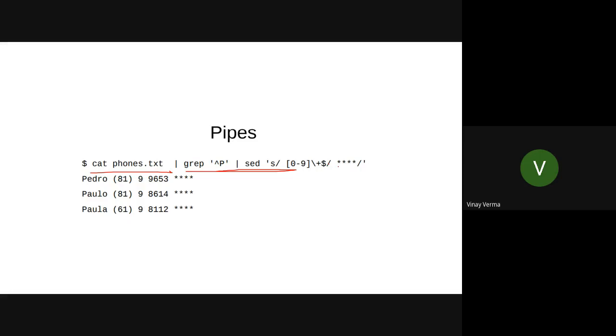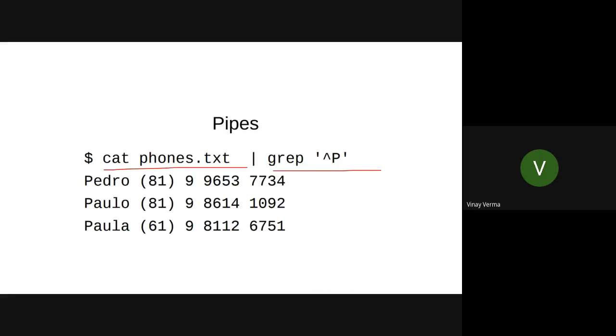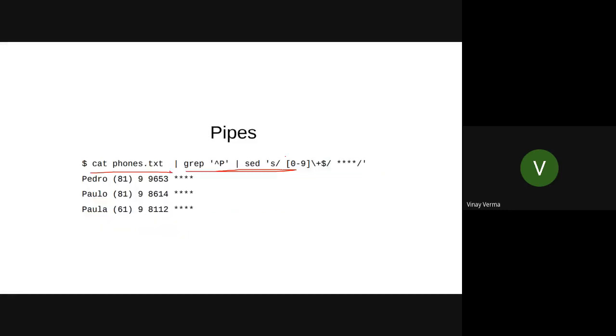So if there is a space, then replace all the things that are present after the space with stars. So it did the similar thing: there is a space, and after the space, up to the end, all the things are replaced with stars.